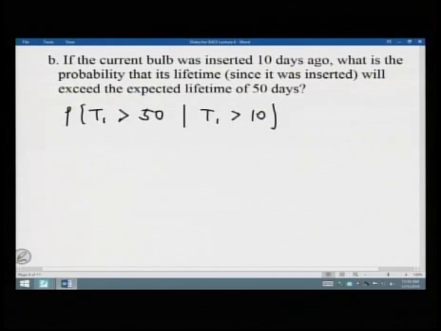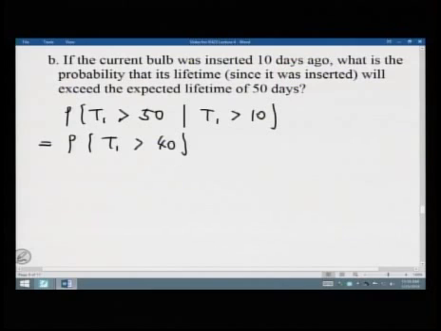So in this case, we use a very important property of the exponential distribution. What is that? The memoryless property. Sometimes people say it's the Markovian property. Because of the memoryless property, the exponential distribution does not remember that the current bulb was inserted 10 days ago. So the desired probability becomes T1 greater than 50 minus 10, which is 40.